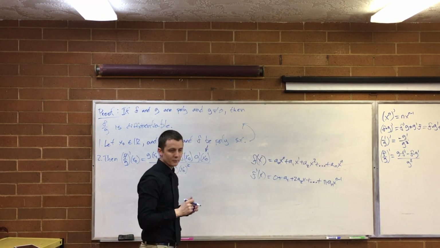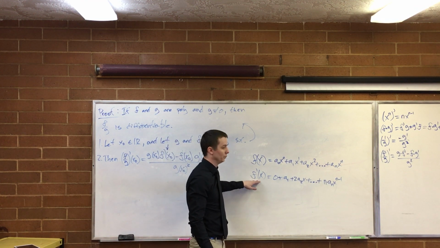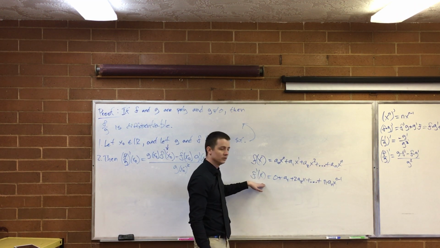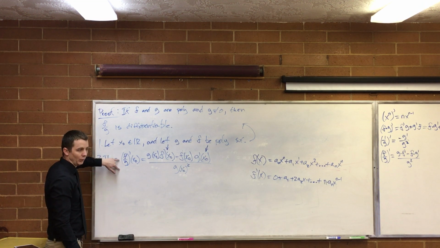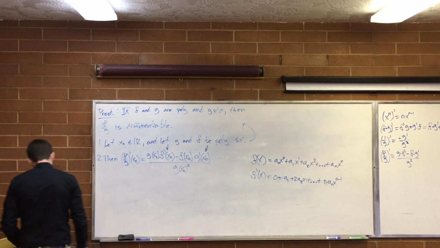Nothing wrong with that. So the derivative of a polynomial always exists, so a polynomial is always differentiable. So the quotient of polynomials is always differentiable. So a rational function is always differentiable. Good?